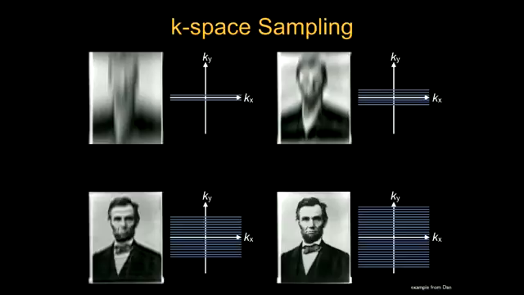So in the image domain, each line does not contain equal information. But it takes an equal amount of time, because each line takes the exact same time, while the information it contains is different.